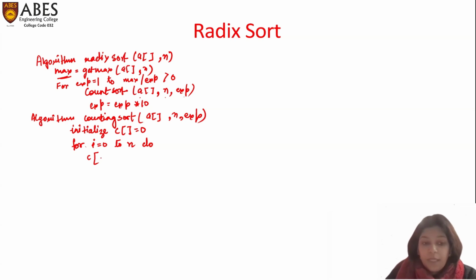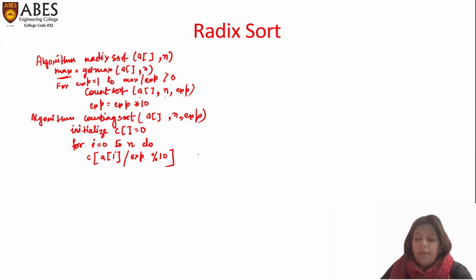But here we have to take A[I], but we have to take the digits. Like first, in the first part, it should take the ones digit, then it should take the tens digit, and then it should take the hundreds digit, and so on. So for this, we have to divide this A[I] with the exponent, the value which we are getting as a parameter, and then we have to take the remainder by 10, right?